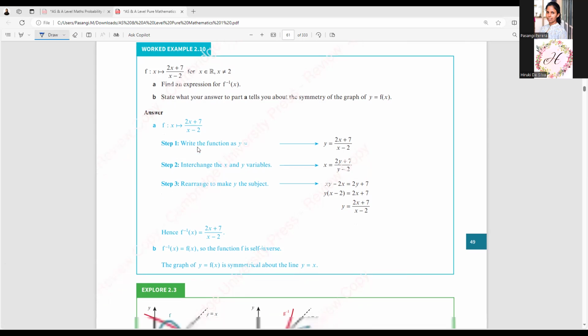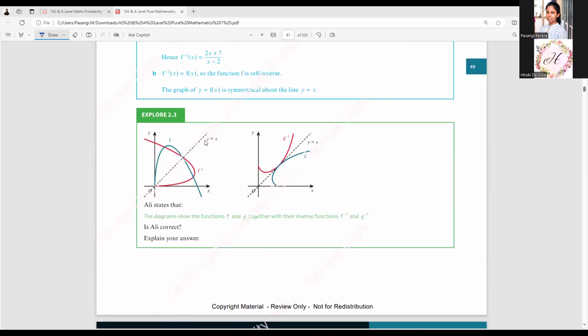Okay, that's also done. Then for Explore 2.3, here we have, Ali states the diagrams show the functions f and g together with their inverse functions f inverse and g inverse. So, is Ali correct? Explain your answer. What do you think? He is correct, right?